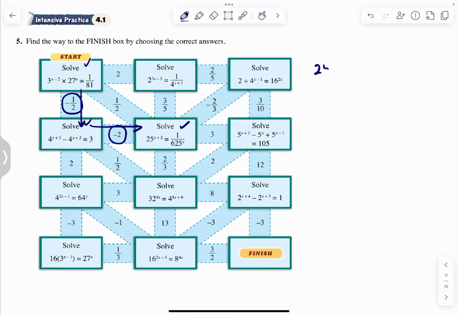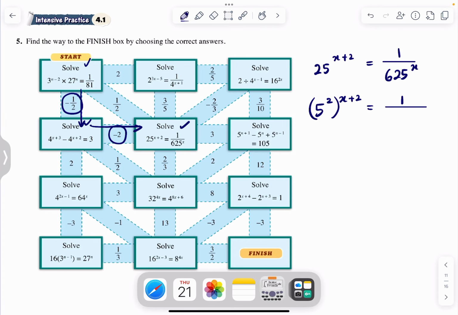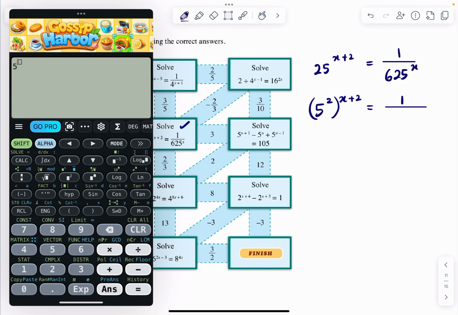So 25 power (x plus 2) is 1 over 625 power x. Right. So 25 and 625, we can bring it down to base 5. So 25 is 5 squared, to the power x plus 2. 625 is 5 power 4, I think. 5 power 4, yes.